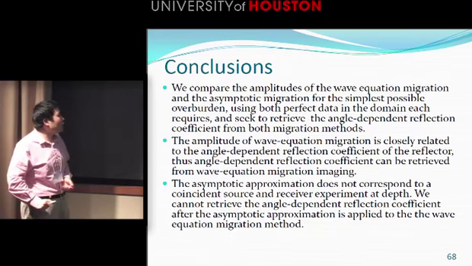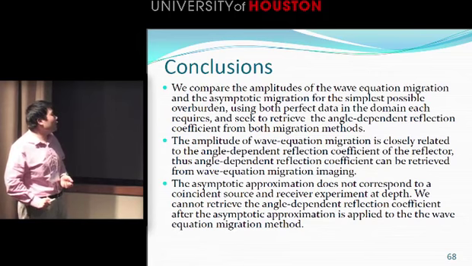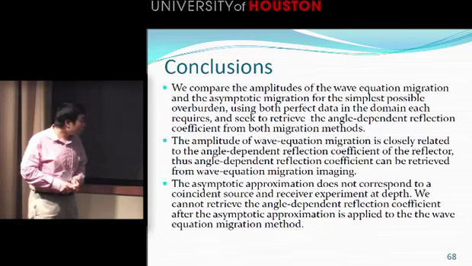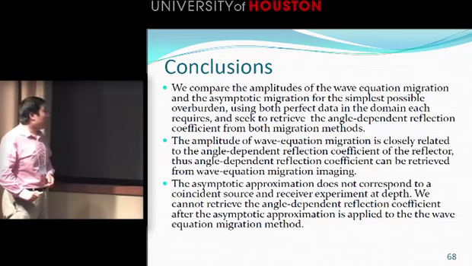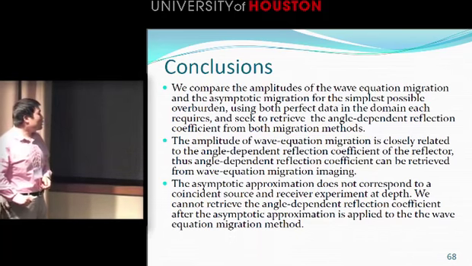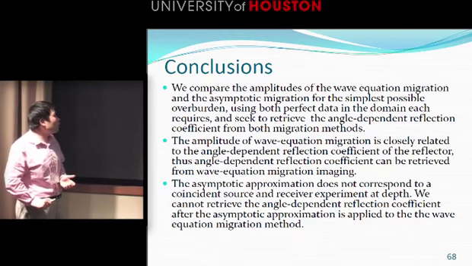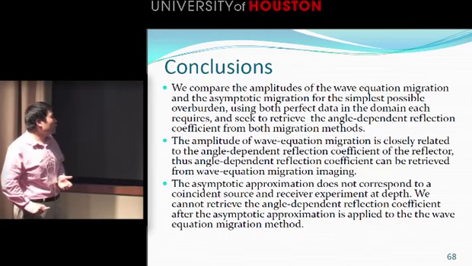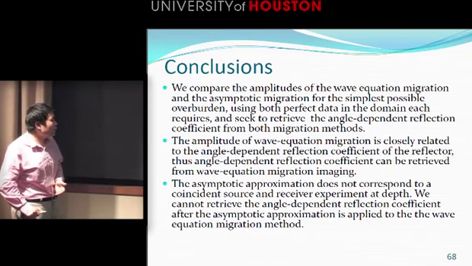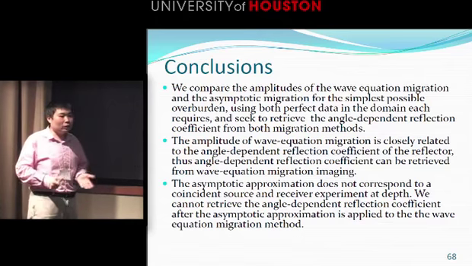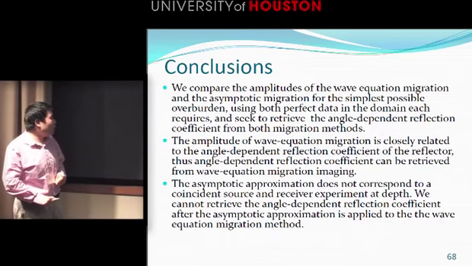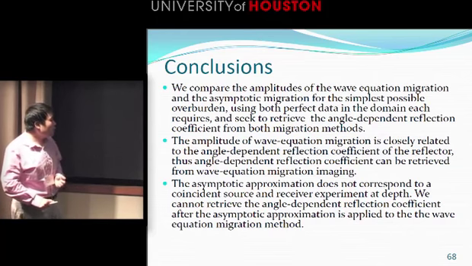So we can retrieve the angle-dependent reflection coefficient from the image. And the amplitude of the asymptotic migration is not really related to the angle-dependent reflection coefficient. So in this case, we cannot retrieve the correct angle-dependent reflection coefficient from the asymptotic migration method.